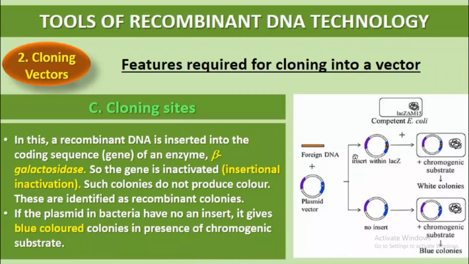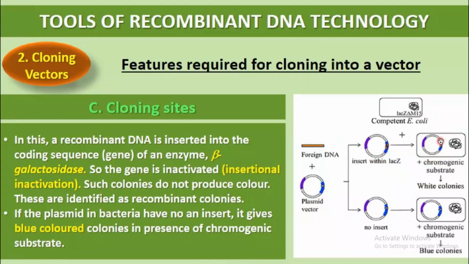It is inserted into the coding sequence or the gene of an enzyme. The name of the enzyme is beta galactosidase. So that gene is inactivated due to that insertion. That process is known as insertional inactivation. Then what is the result?